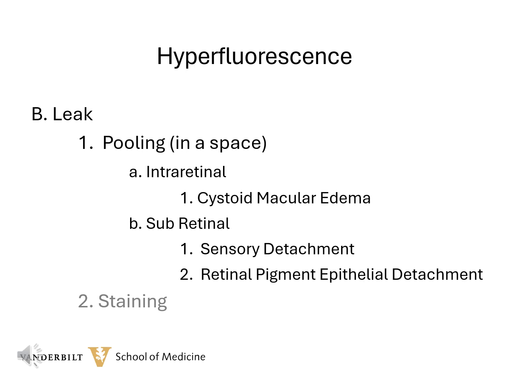The pooling may also occur subretinal and either between the photoreceptors and the pigment epithelium, and that would be a sensory detachment, such as in central serous choroidopathy, or it may be under the pigment epithelium, such as in a retinal pigment epithelial detachment.